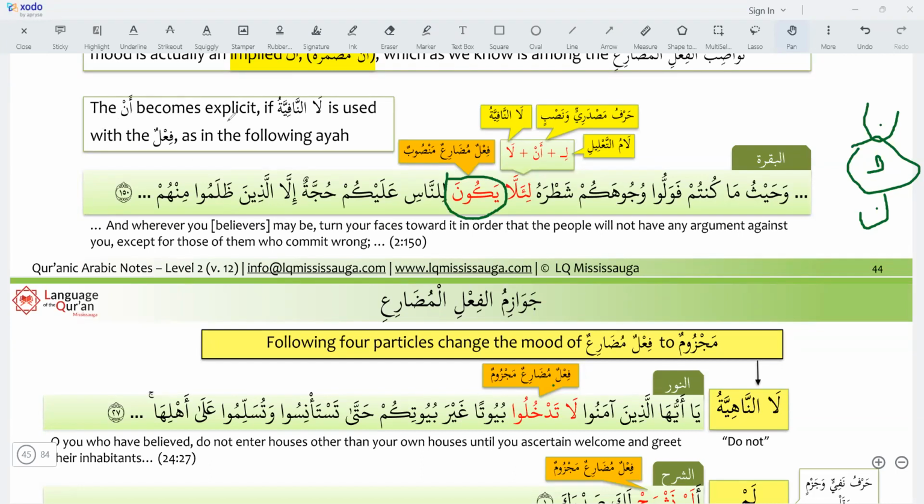An becomes explicit if la nafiya is used. When la nafiya is used, then an becomes explicit with the fi'l, as in the following ayah. So here you can see li an la. An and la are combined like bima, bi and ma.